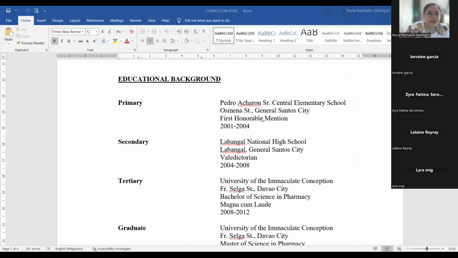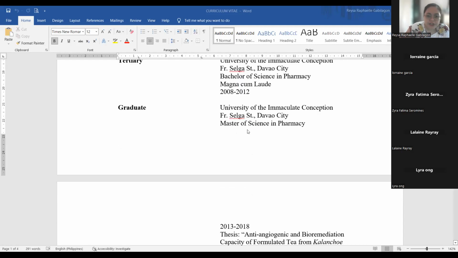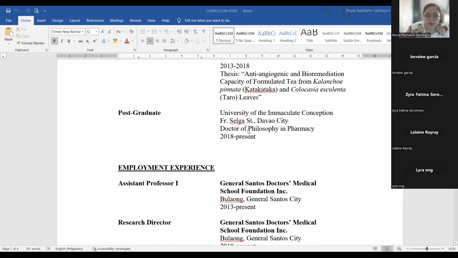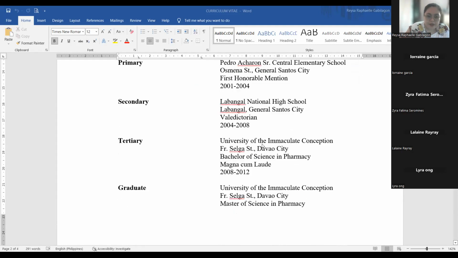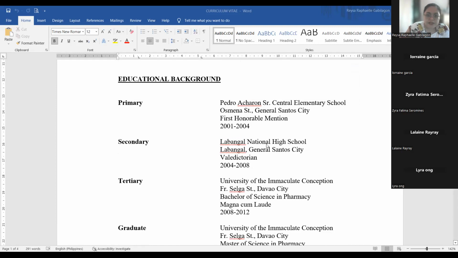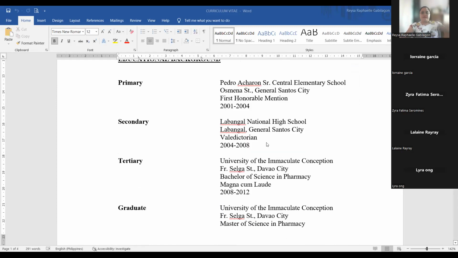Name of the school, address of the school, if ever you have awards, you may include those, and then the year you attended school there. Only the educational background for now because you don't have employment experience yet. So that is all you will put in your curriculum vitae.